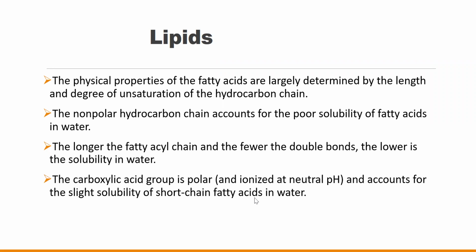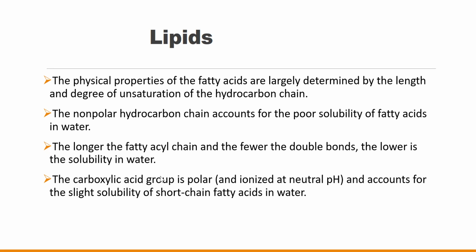And the carboxylic acid group is polar and ionized at neutral pH. When I say ionized, if you have the C double bond OOH, it becomes ionized in water. You would expect that the acid is dissociated, so it becomes C double bond OO minus, the carboxylate. It becomes negatively charged, and the proton, the hydrogen, is dissociated in water.